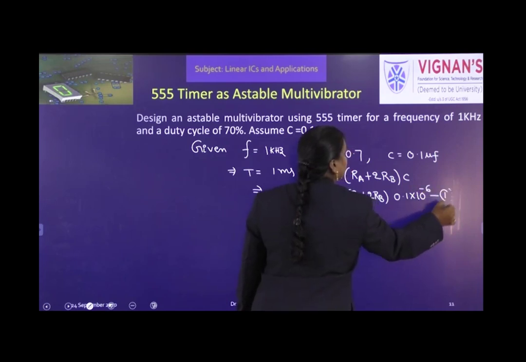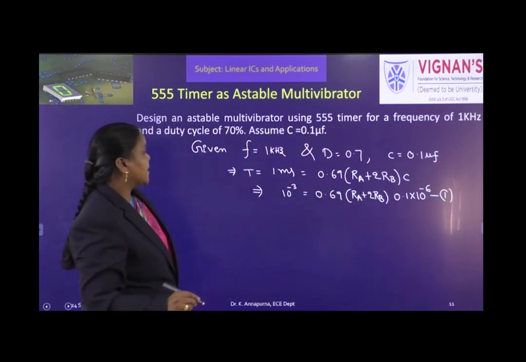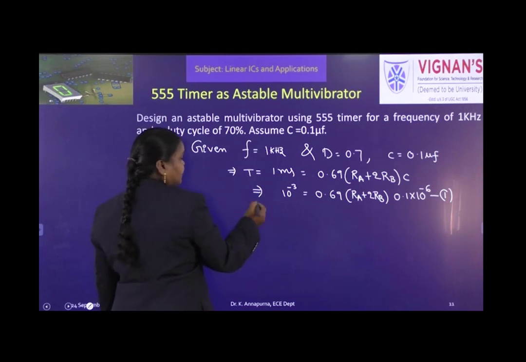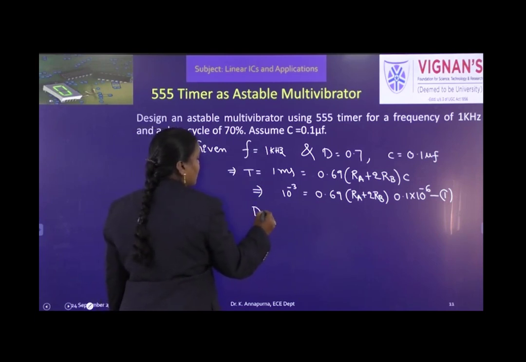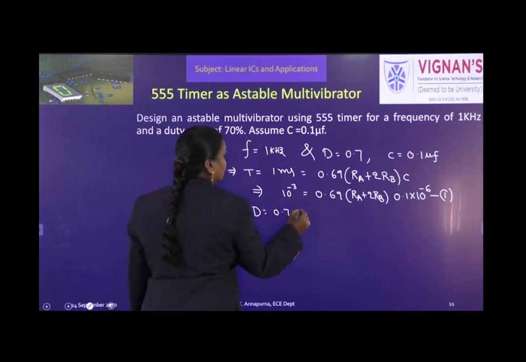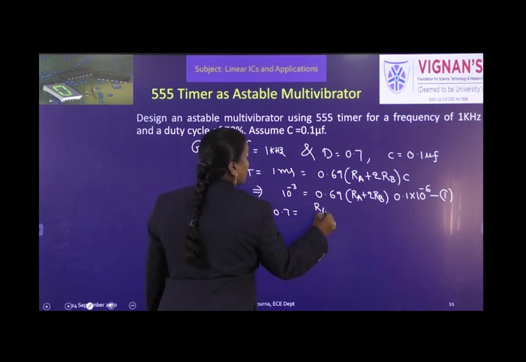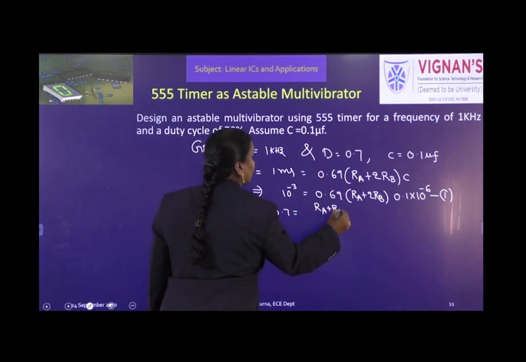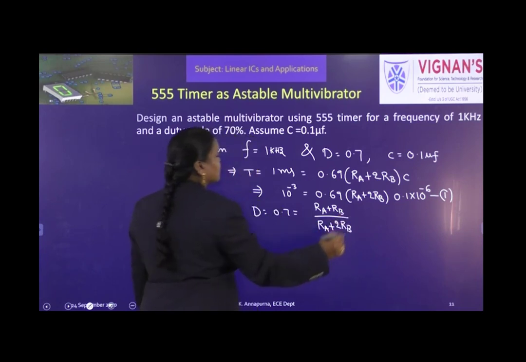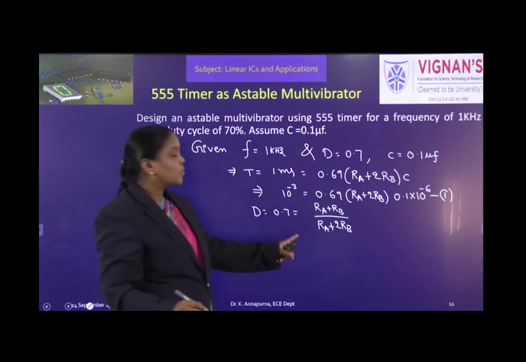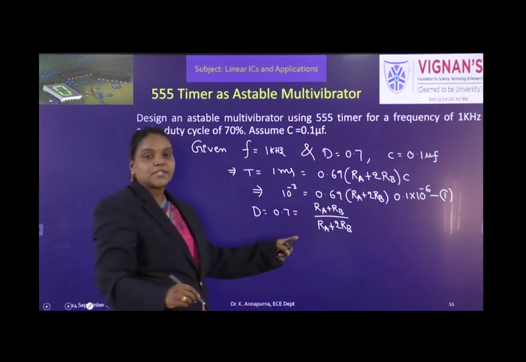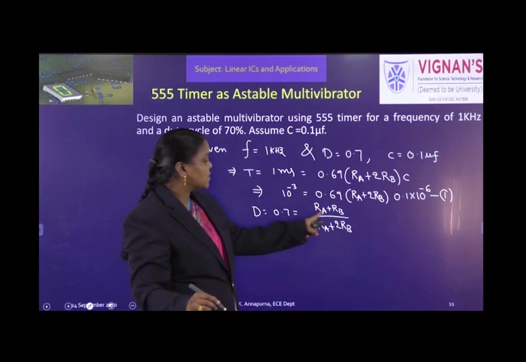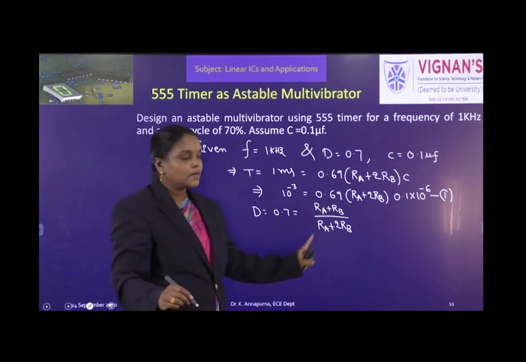So this is the first equation. And next, the duty cycle D is 0.7, that is (RA plus RB) by (RA plus 2 RB), because on period by total period, C gets cancelled, 0.69 gets cancelled. So this is the formula for duty cycle.